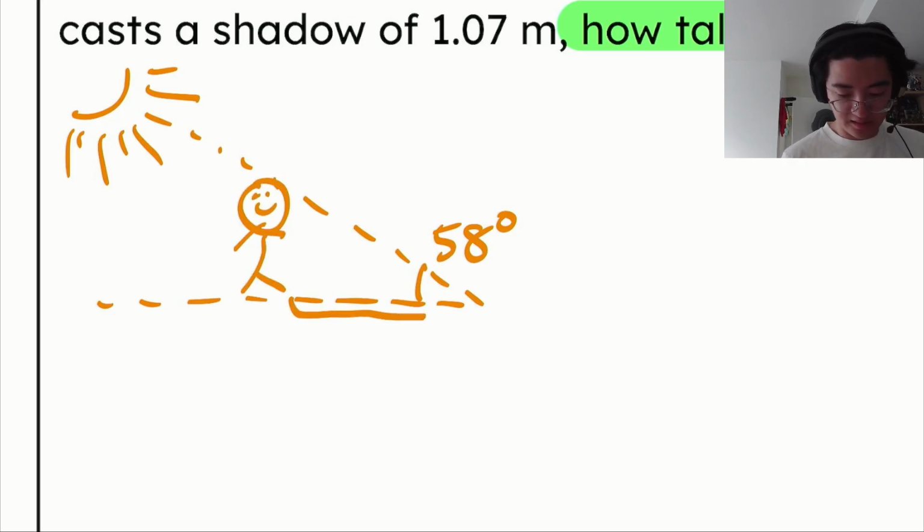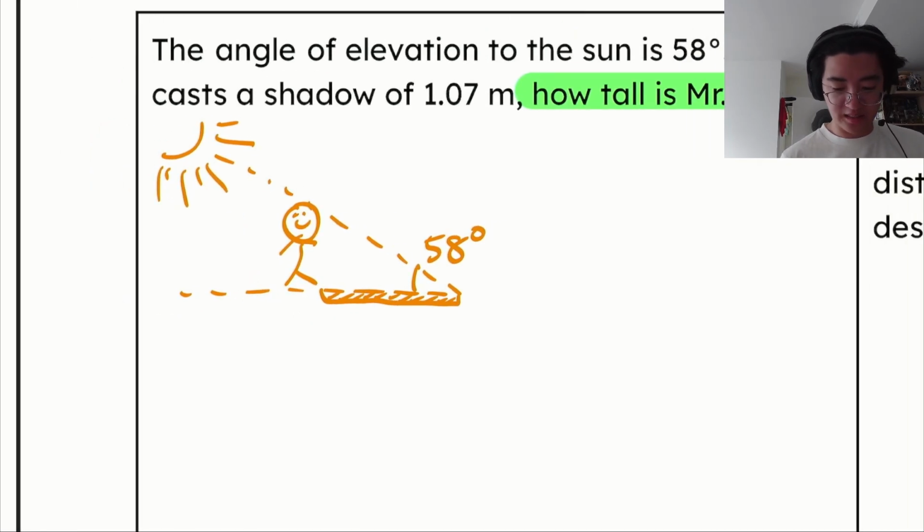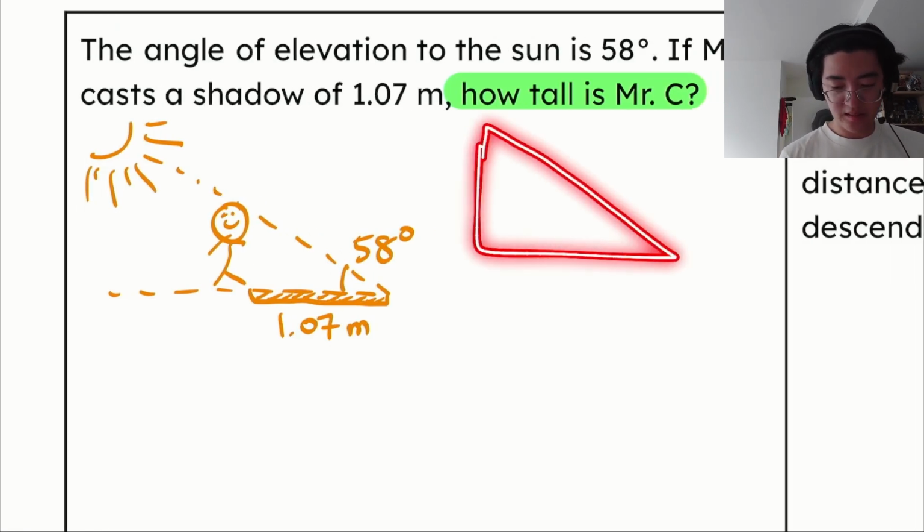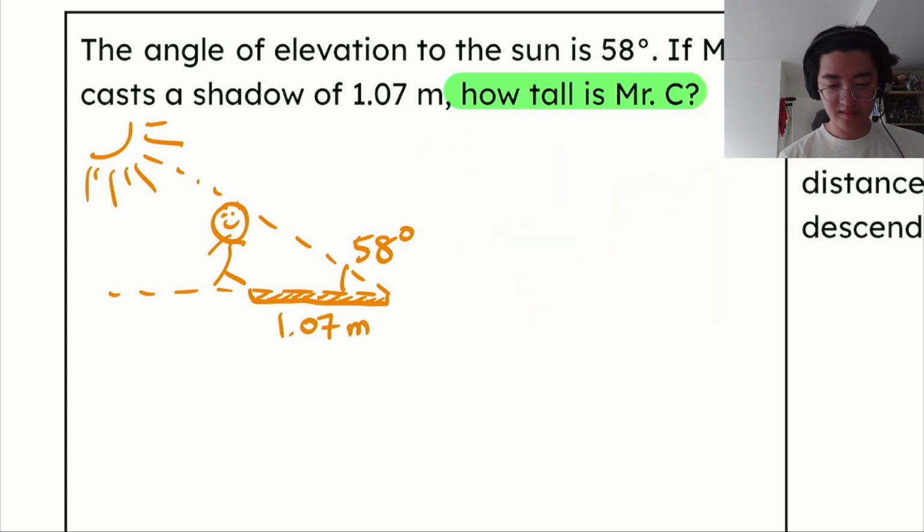And there's a shadow here, and the shadow here is 1.07. So that's how we will make this triangle. And of course, we're looking at something like this. And we want to find out the height of Mr. C.